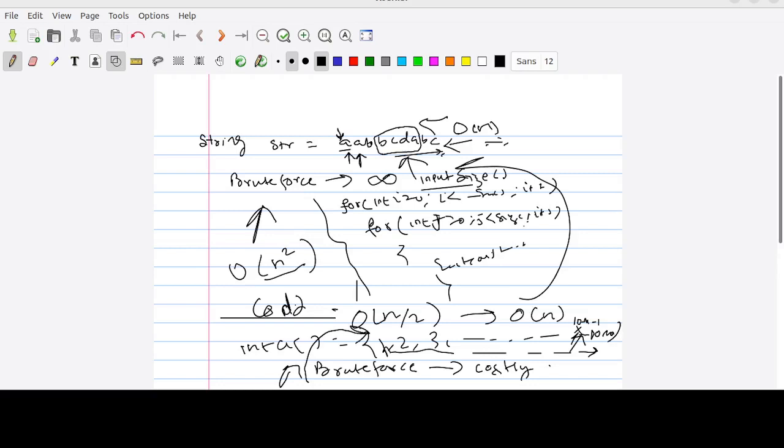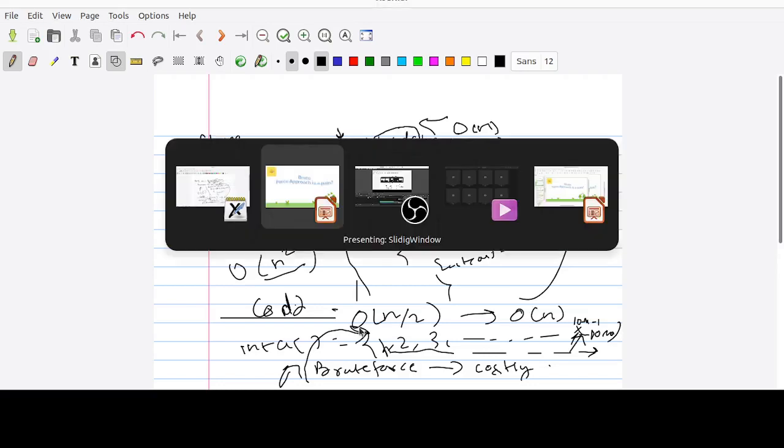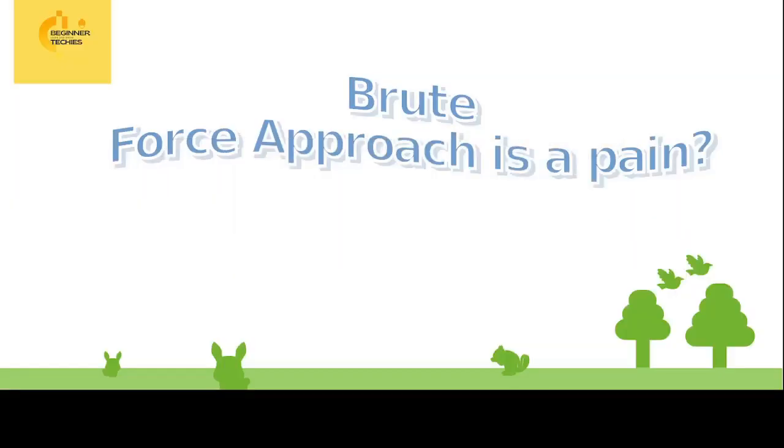If you understand that, then we can simply apply those patterns and approaches to get optimized solutions. So brute force is really a pain, not only in coding interviews but anywhere. If we apply brute force approach, we'll definitely face performance issues, right?